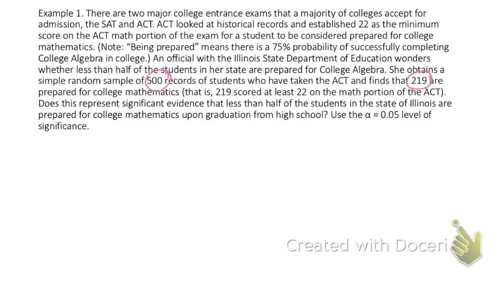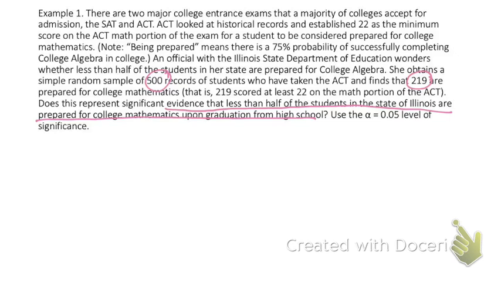That means 219 of them scored at least 22 on the ACT. Does this represent evidence that less than half of the students in the state of Illinois are prepared for math upon graduation from high school? So she's trying to see if less than half of them are.